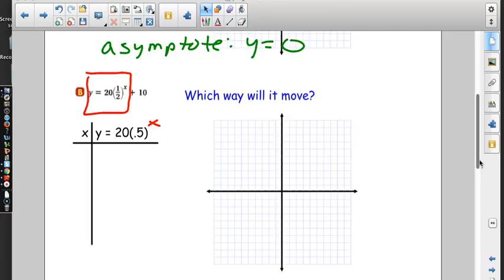Also, don't forget if you're using the calculator, you can do that cheat where you do 20 times 5 to the power, and then you can do second enter and just change the -1. It's 0.5. Make it a little easier to punch in.